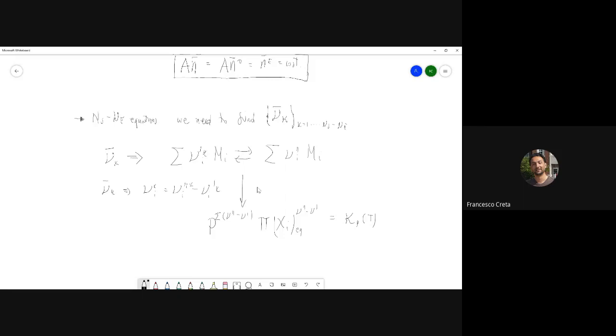And I do this for each independent reaction. Ns minus Ne, that's the number of independent reactions that I have. So the system is now essentially closed, okay?